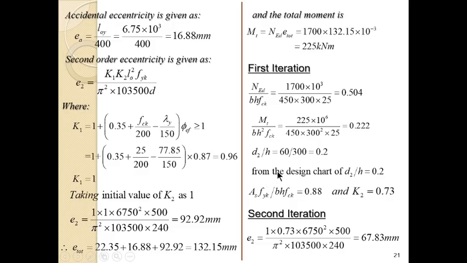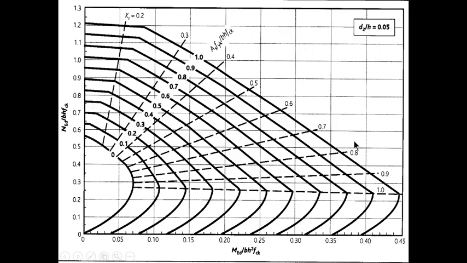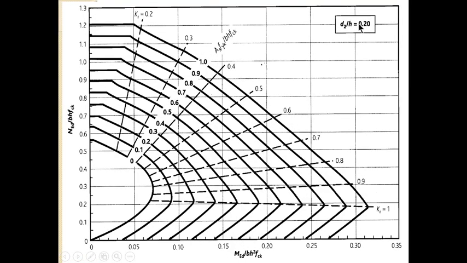So we now go to the chart of D2 over H equals 0.2, which is this chart. In this vertical axis, our N over BH FCK gave us 0.504, which we can take as 0.5, and this is 0.5.